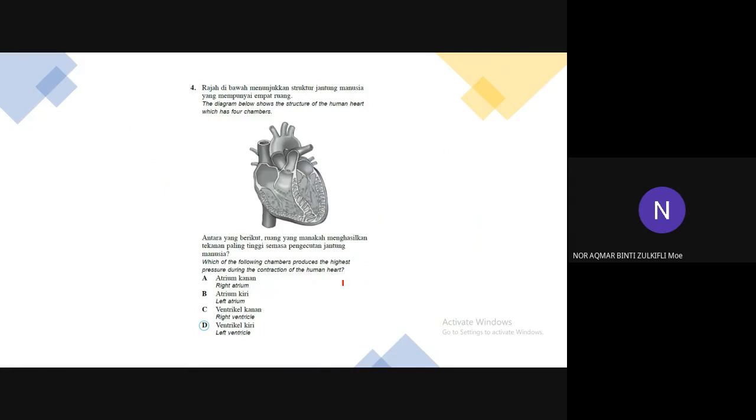Number 4. The diagram below shows the structure of the human heart, which has 4 chambers. So again, when you have this type of question, you just draw directly. It will make you confirm your answer. It will not make you confused. When you see a valve here, you cross section the drawing. So 1, 2, 3, 4.